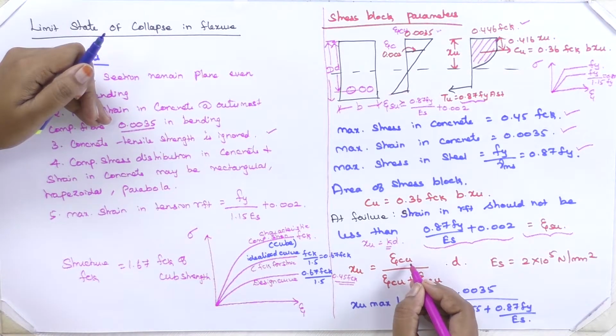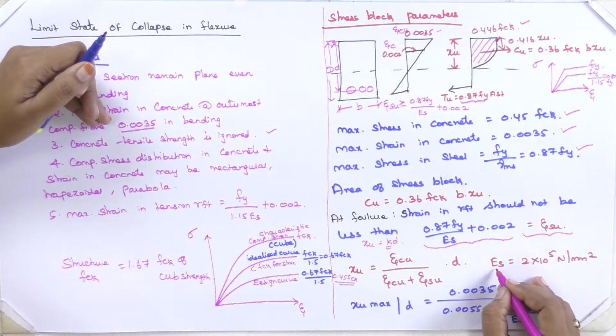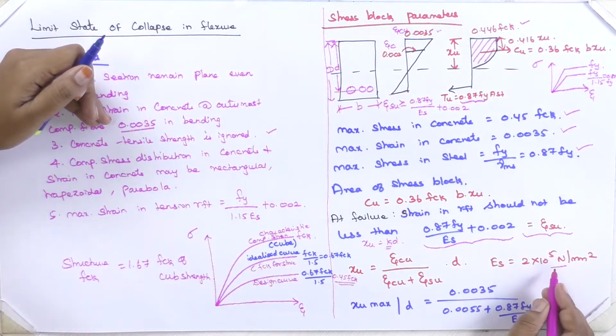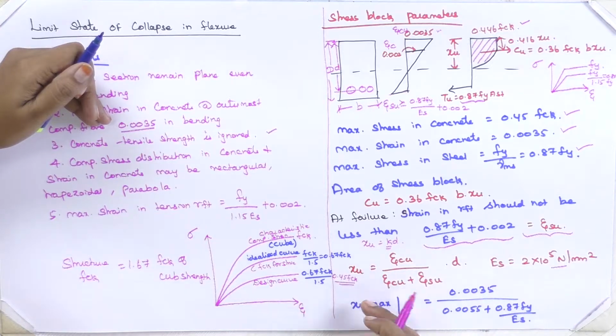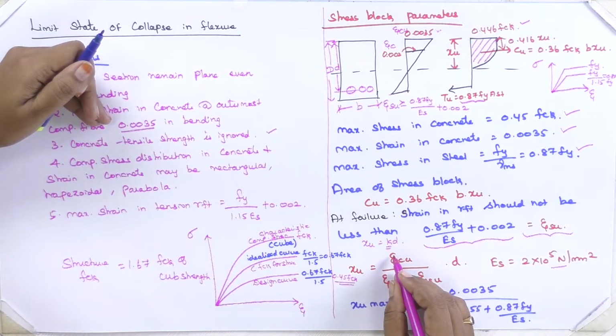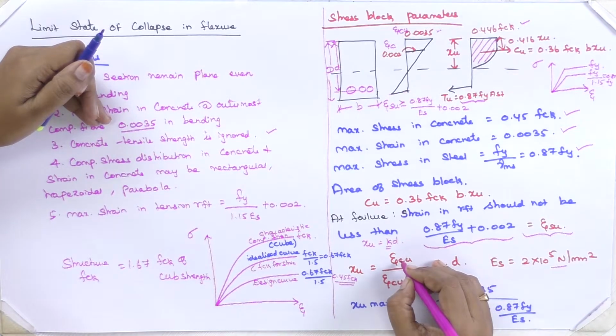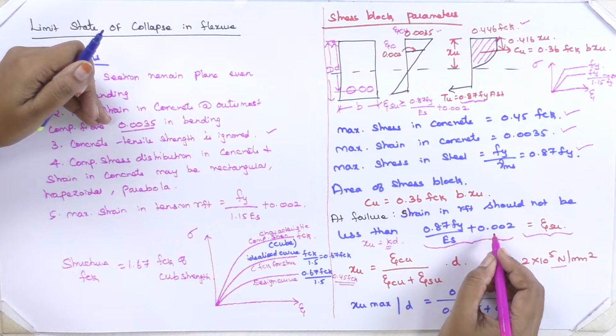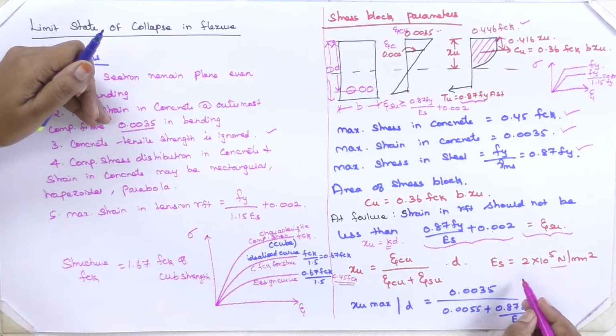This is your strain in concrete divided by epsilon Cu concrete plus epsilon Su. When we consider Es equal to 2 into 10 power 5 Newton per mm square, for this we can write Xu max divided by D as, we all know that epsilon Cu is your ultimate concrete compression 0.0035, divided by 0.0035 plus 0.87 Fy by Es into 0.002.